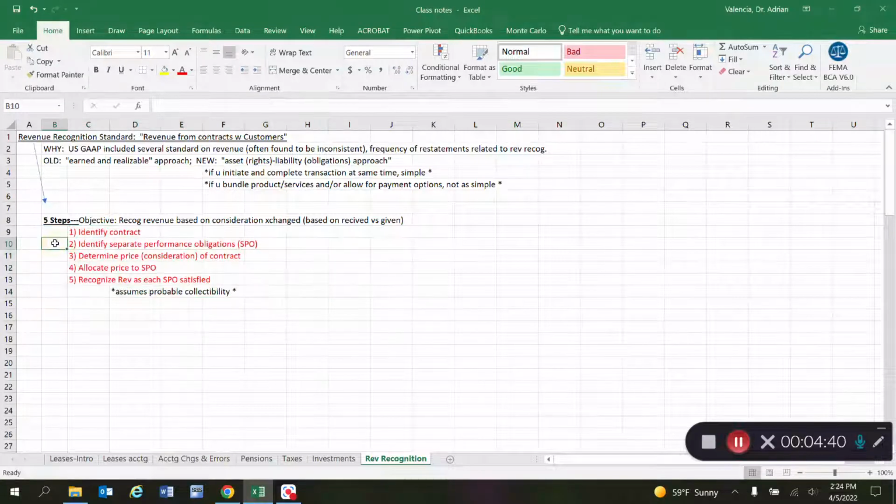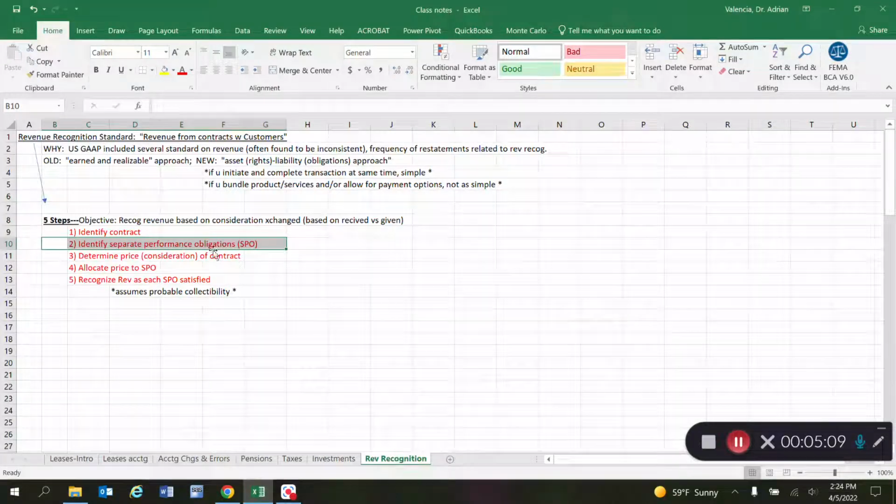The second step is to identify if there are any separate performance obligations within that contract. Remember when I gave you this little sample, I said if it's just one simple transaction that occurs at the same time, then you probably have a single performance obligation. But if you bundle stuff together, then you might have separate performance obligations, and that's what we need to look at very carefully under the standard.